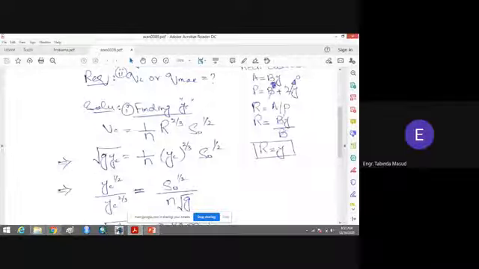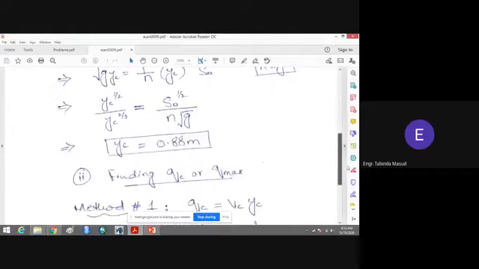This is the equation which we developed in our previous lecture. So we will put here Vc is equal to under root of g yc, and then simplify the equation, and putting all the values we will get the critical depth, that is 0.88 meter. So this is the answer of our first question. What is the critical depth of the flow? The critical depth of the flow is 0.88 meter.